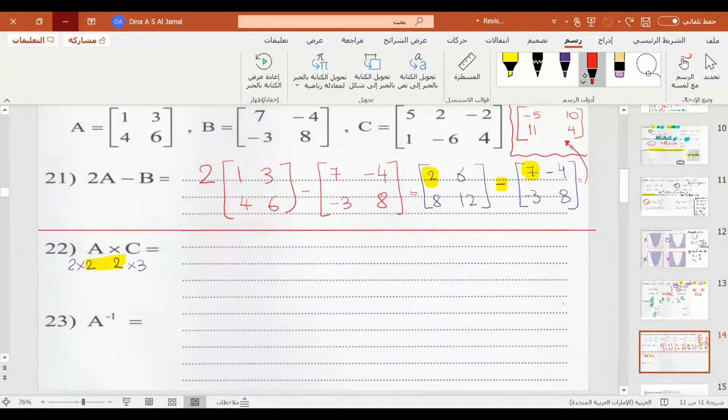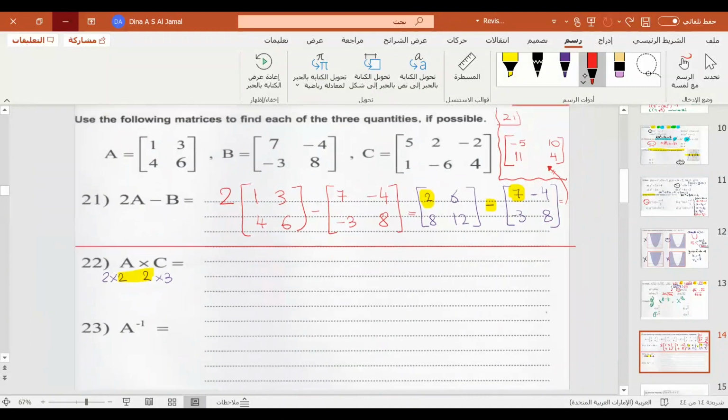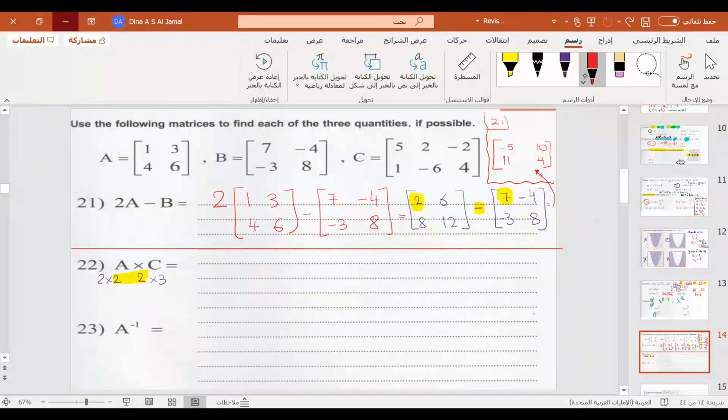So what I will do is that I will be performing the multiplication using the above question. So first of all, I will be using first row with first column. Pay attention only on A and C. So when I do this, 1 multiplied by 5 plus 3 multiplied by 1.